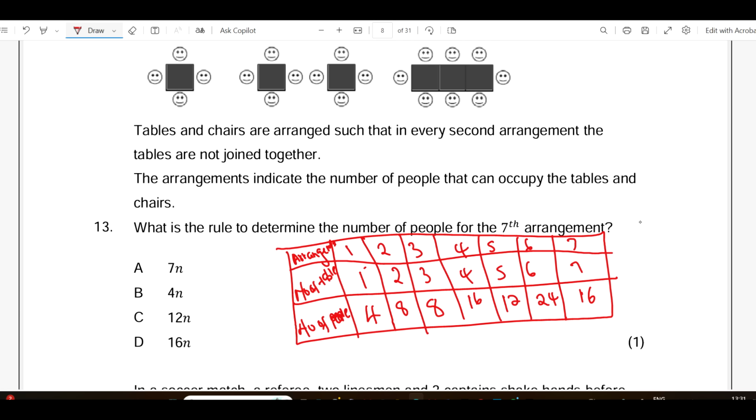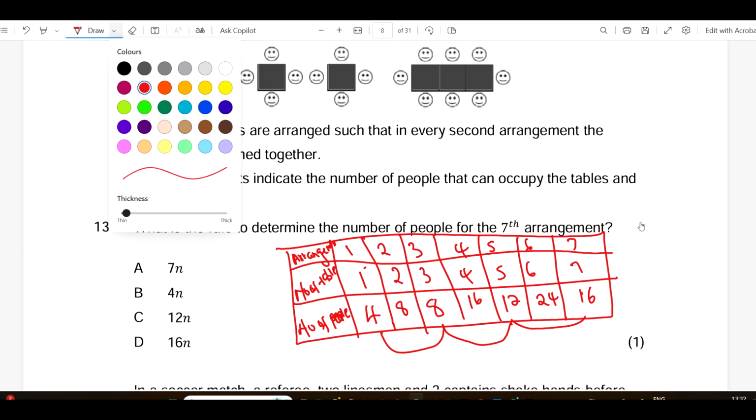Arrangement number 1 is arrangement 1, arrangement 3, arrangement 5, because it said the tables and chairs are arranged so that in every second arrangement the tables are not joined together. And also I will change the color here.